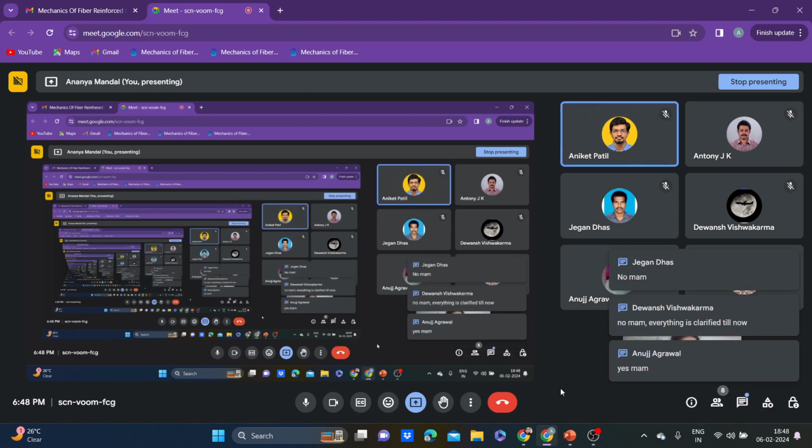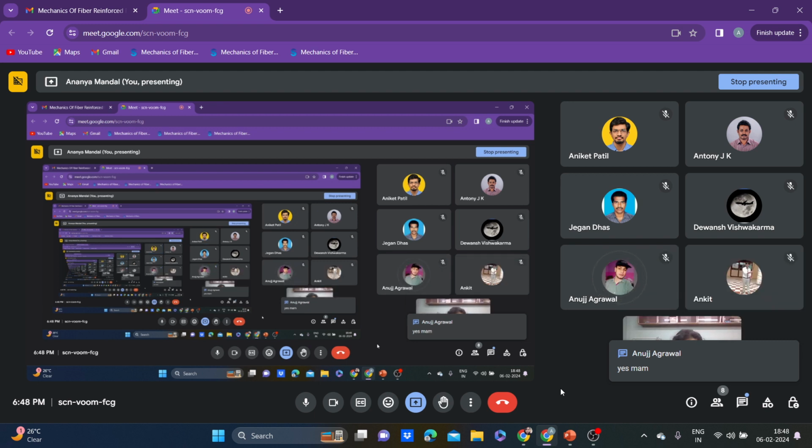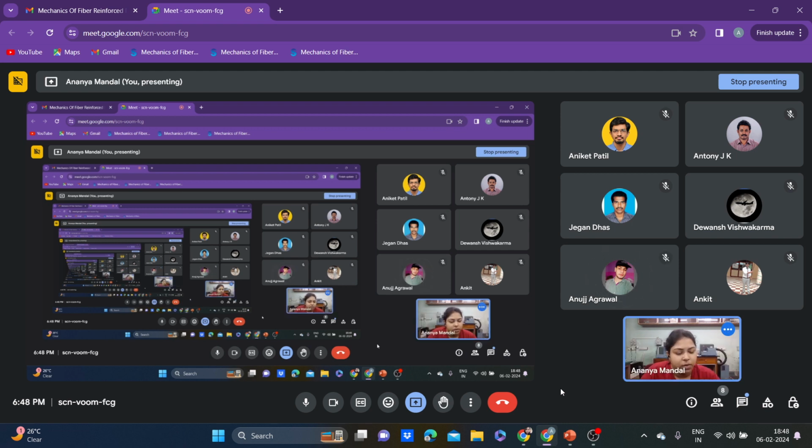Yes, ma'am. So you know how to find the modulus, Poisson ratio, and shear modulus in a UTM? Yes, ma'am. Okay. So actually, right now next to me, I already have a UTM here. Maybe you have also worked with a UTM like this.